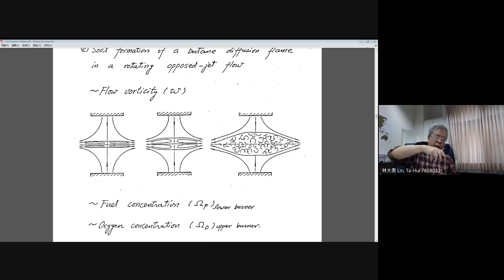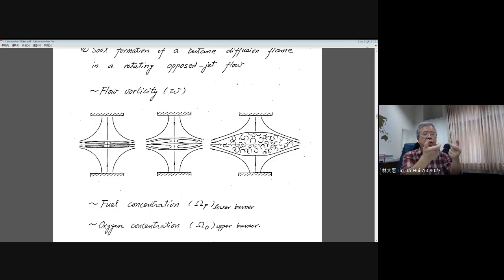When you rotate your burners, the circulation force near the burners will push your axial momentum to radial. And because that axial momentum transfers to radial momentum, the axial momentum will be reduced. When the axial momentum of your flow is reduced, that means near the stagnation point, the outward flow velocity will be reduced.